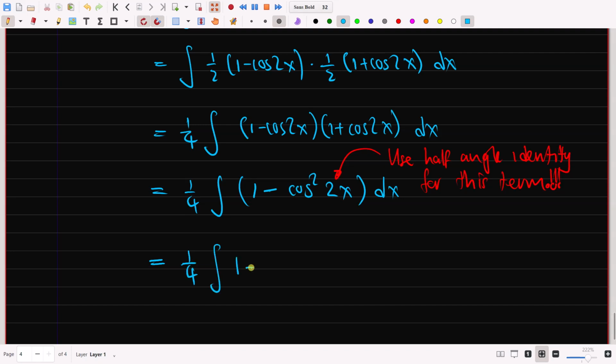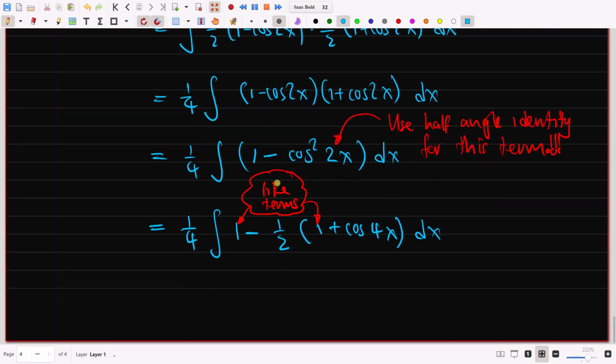Because they are like terms, what we want now is to add them together. And what do we get? So when we add these two together, we'll see that we have 1 quarter integral. So it's 1 minus half. So it's half, then minus half cos 4x, then dx, like that.